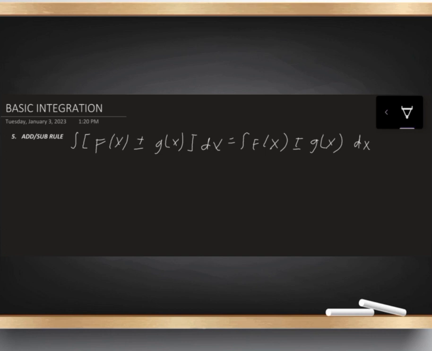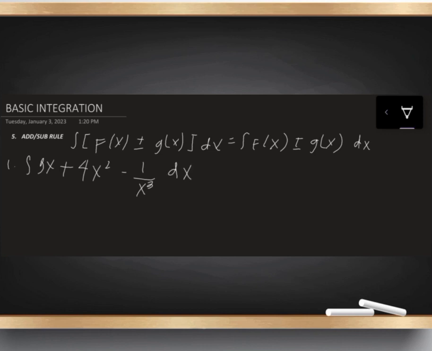So let's say we have the integral of 3x plus 4x squared minus 1 over x cubed dx.